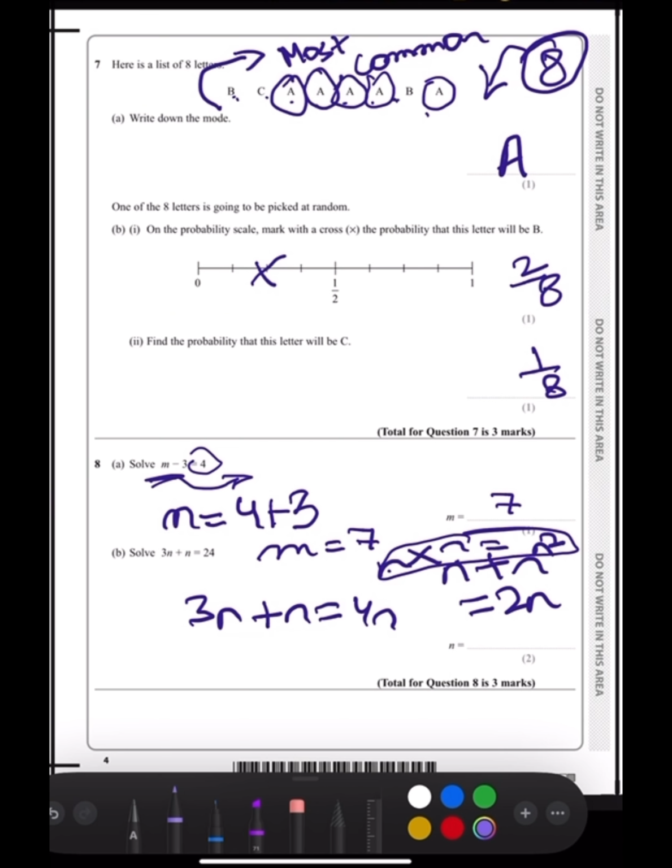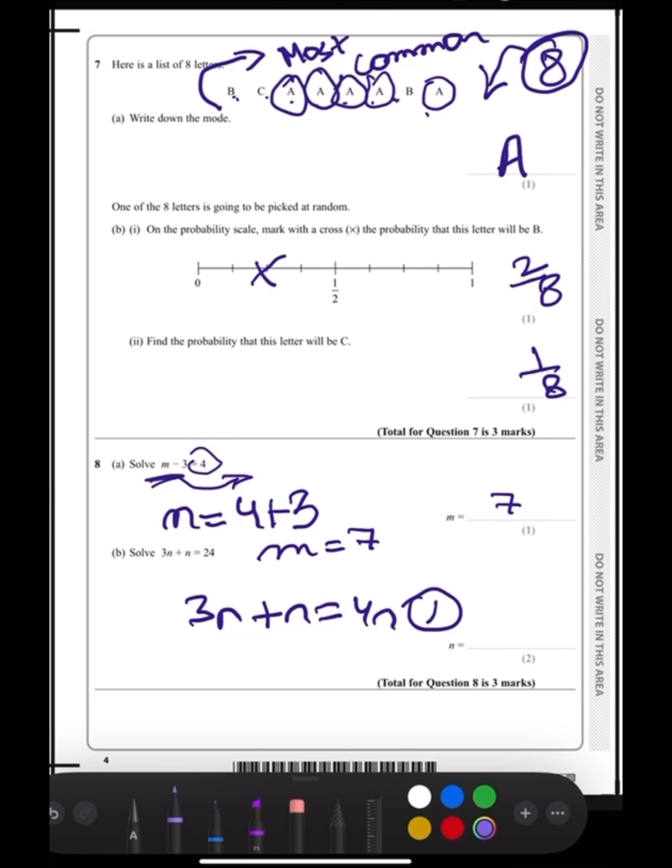So n into n would be n squared, but n plus n would always be 2n. Now when we look at this question, the very first step would be 3n plus n is 4n. We've written that already, so that will be a mark.